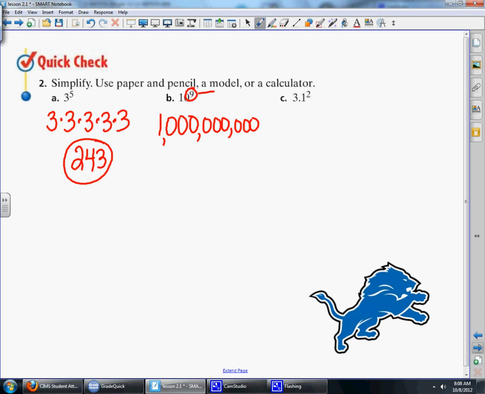So that exponent, only when it's powers of 10, tells you the number of zeros after the 1. And then the last one, the decimal, 3.1 to the second power, which would be equal to 9.61.